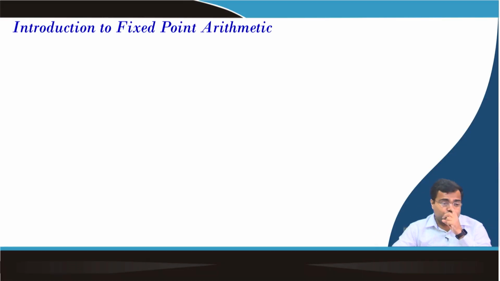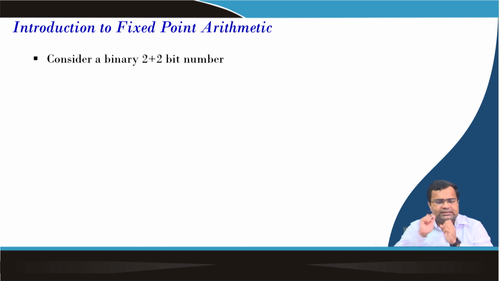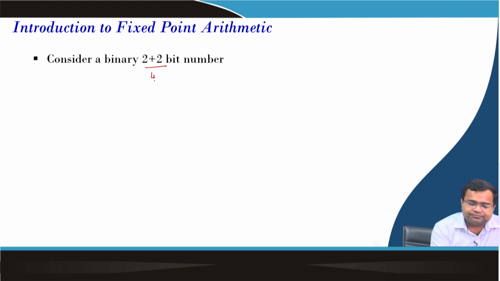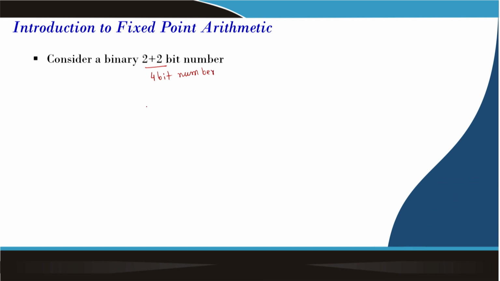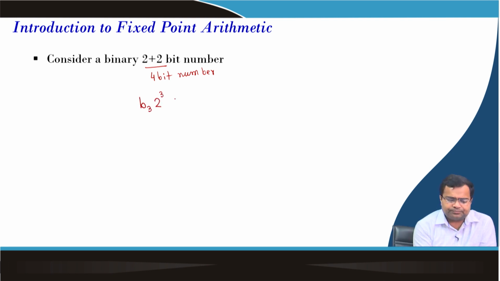So, if we go to the fixed point arithmetic, let us consider a 2 plus 2 bit number. Basically, it is a 4 bit number. So, in the 4 bit number, I can write B3 into 2 to the power 3 plus B2 2 to the power 2 plus B1 2 to the power 1 plus B0 2 to the power 0.